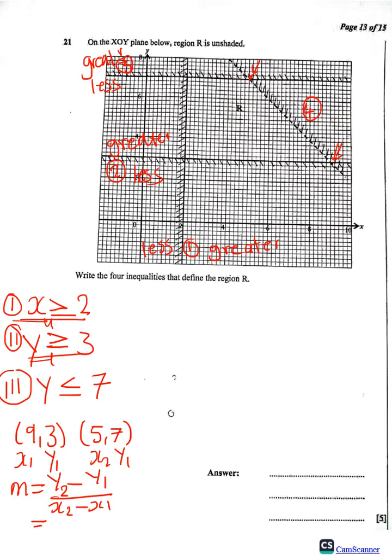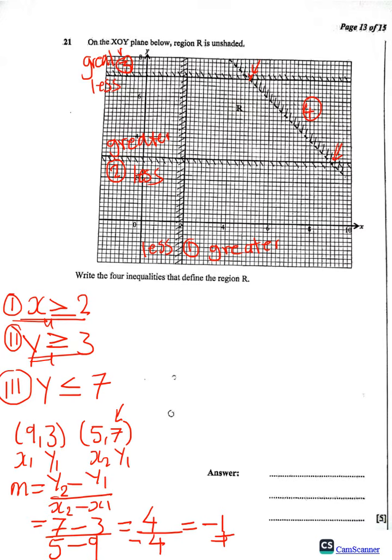So y2, we can see that we have the 7 here, minus the y1 which is 3, divided by x2 which is 5, minus 9. So 7 minus 3 is 4, over 5 minus 9 is negative 4. 4 divided by negative 4 is negative 1. So this is our gradient.